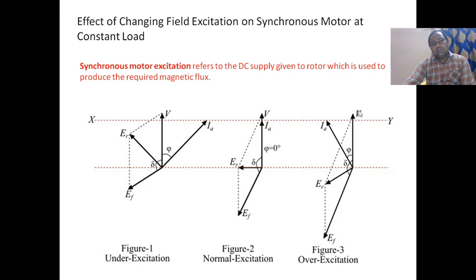In figure 3, V is the reference and IA is rotating anti-clockwise, which is leading, that is over excitation. The angle between the voltage and IA is phi. EF is the excitation voltage, ER is the resultant voltage.